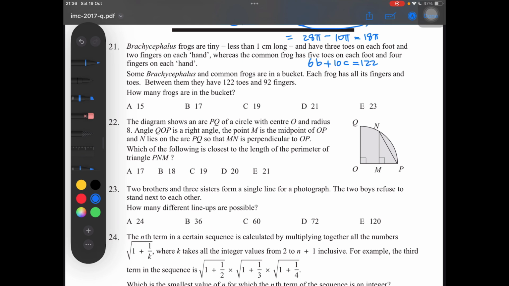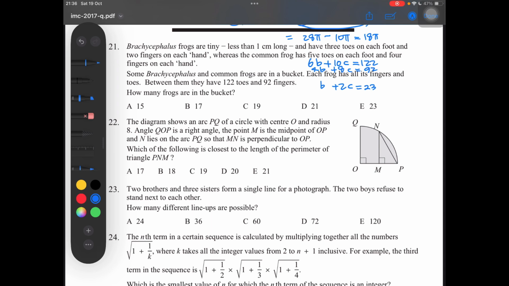And 4 fingers plus 8 fingers becomes 92. So now let me divide by 4. B plus 2C becomes 23.